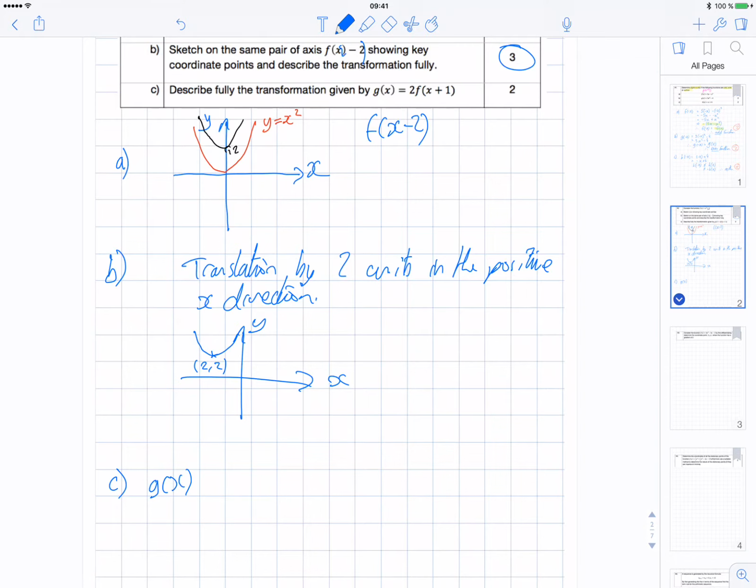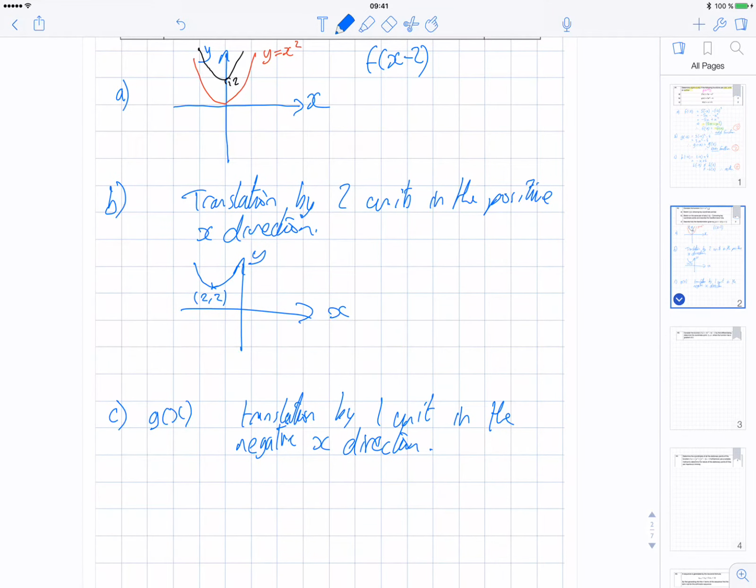And therefore we have a translation by 1 unit in the negative x direction, and an enlargement by the scale factor of 2 parallel to the y-axis.